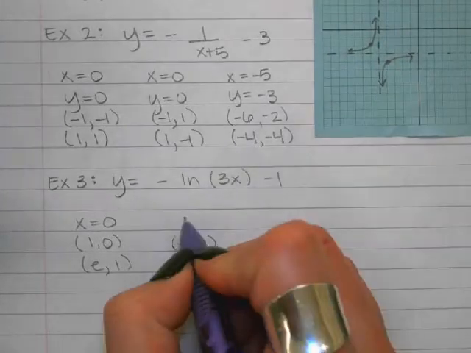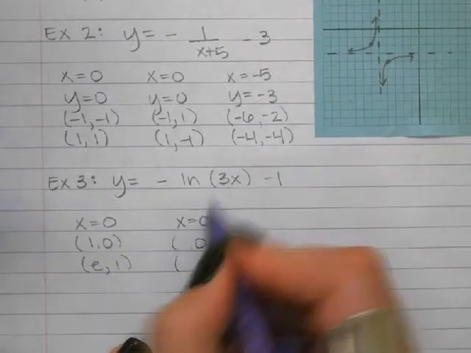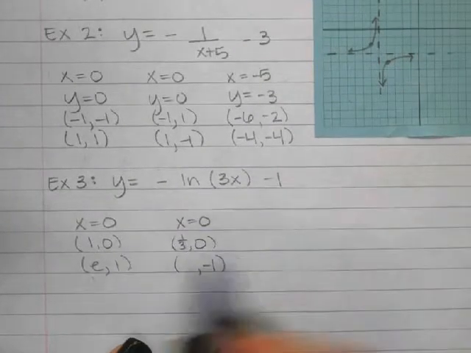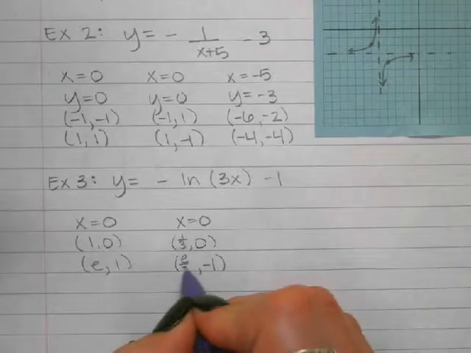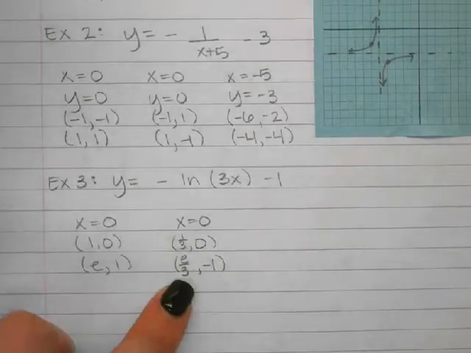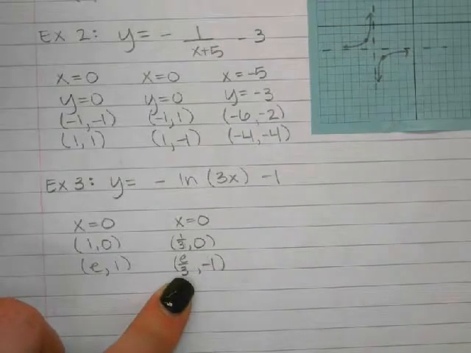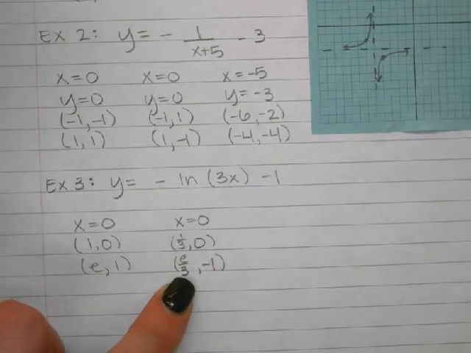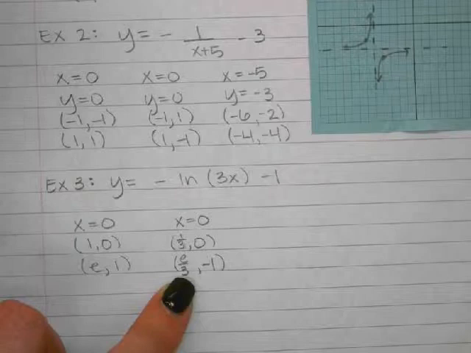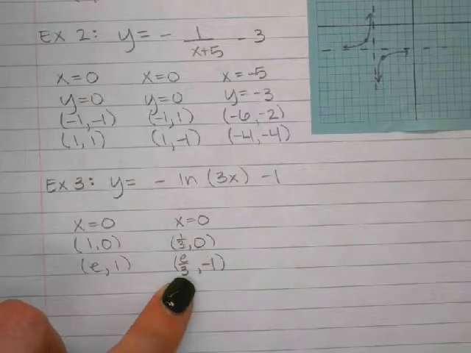So 0 divided by 3 is still 0, 1 divided by 3 is 1/3, e divided by 3 is going to be e over 3. Since e is 2.7, that's a little bit less than 3, so a number that's a little bit less than 3 divided by 3 would be a little bit less than 1. So when we graph it, that's what we'll expect.